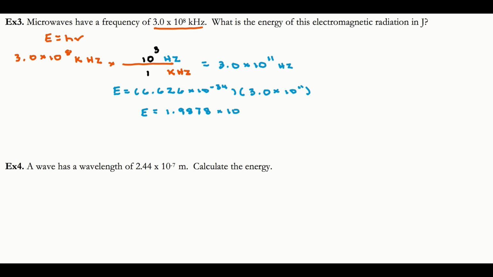Let's figure out sig figs. 6.626 gives me 4 sig figs. 3.0 is 2 sig figs. Okay, so this is going to round. 8 rounds the 9 up, which is going to give me 2.0 times 10 to the negative 22nd. And keep in mind, because I'm solving for energy, my units are going to be joules, which is what the problem asks for. So I have already checked sig figs. I've checked units. I'm good to go.